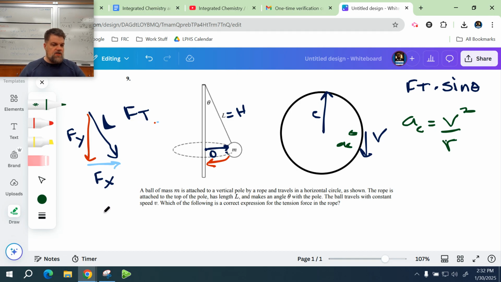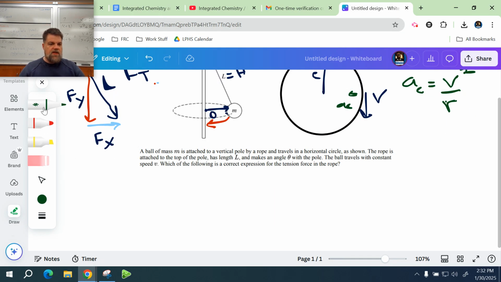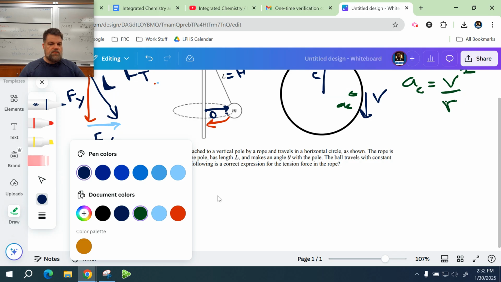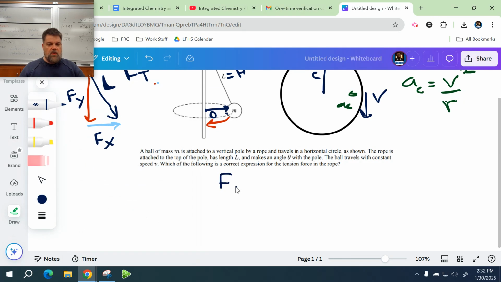So what I need to do then is just start plugging some stuff in. So I want to know the tension of the rope. So the tension of the rope has an x component that I'm going to try to focus on. And that will be equal to the mass times the acceleration. Okay?